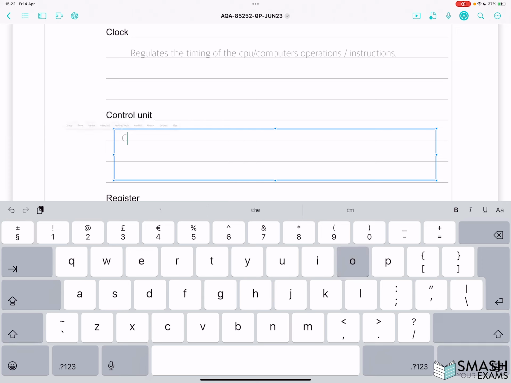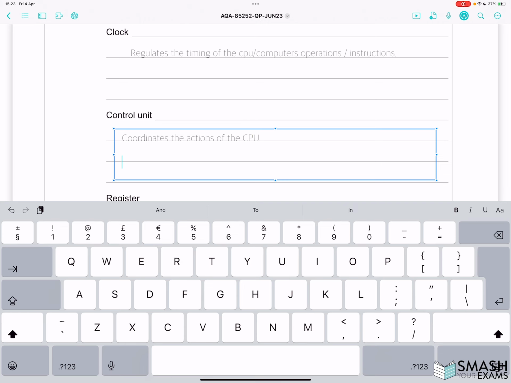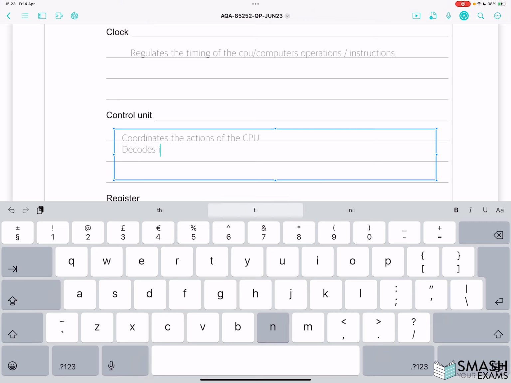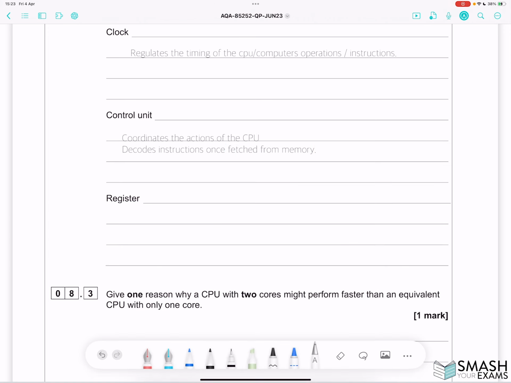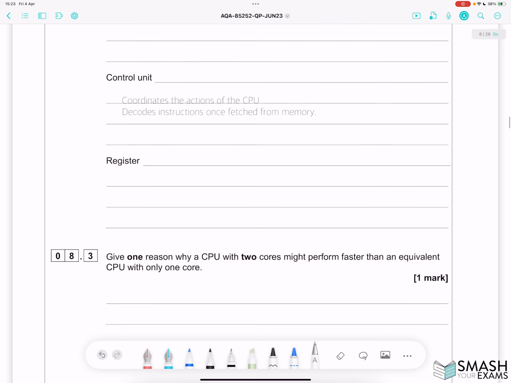So I could say that it coordinates the actions of the CPU, or, it's only worth 1 mark, remember, so I'm just going to go with one or the other, I could say that it decodes instructions once fetched from memory. Again, either of those would be perfectly valid answers.